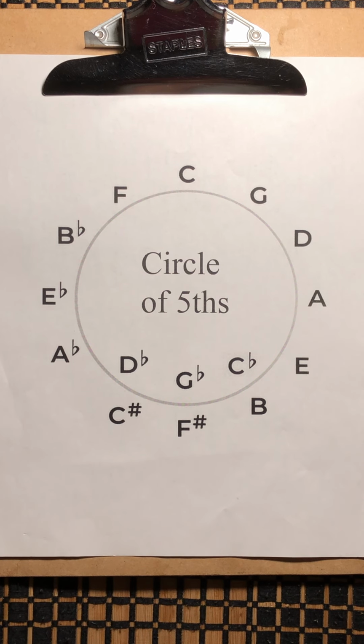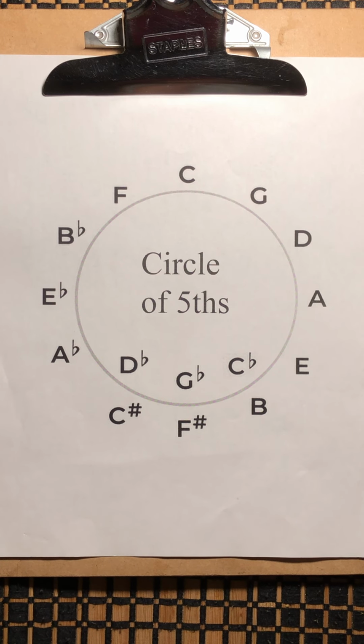These are what we call enharmonic equivalents, which is a fancy way of saying they're the same sound but with different names. They are the same black keys on the piano. In total, we have 15 different key signatures but 12 tones used in Western music.